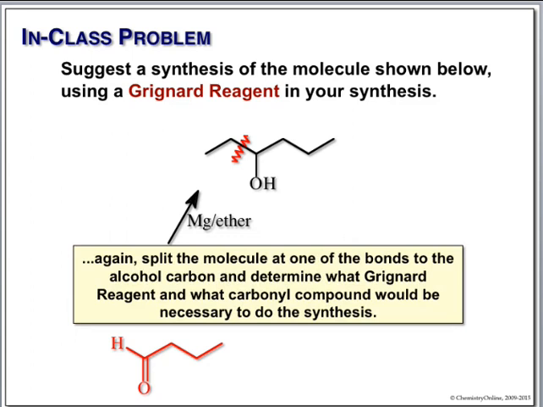Let's split on this side. That means that our Grignard was now a 1, 2, 3 carbon chunk. And this 3-carbon aldehyde was the carbonyl compound.